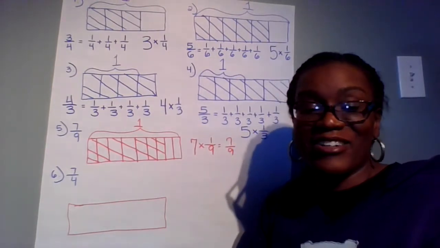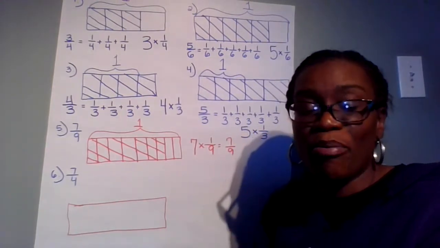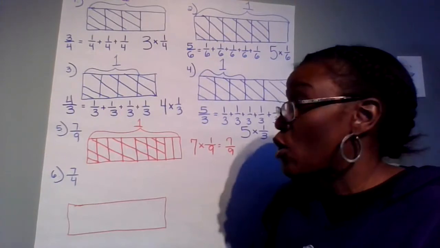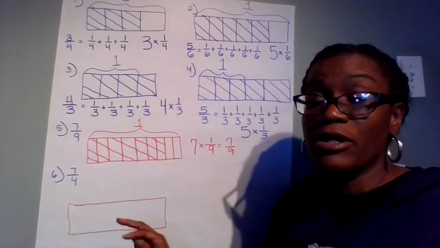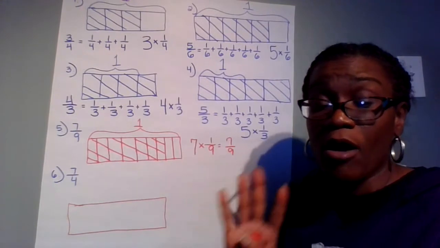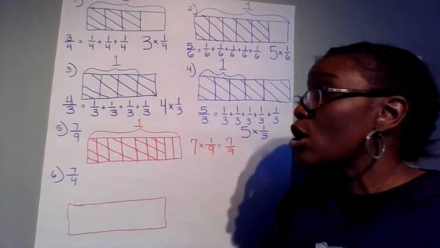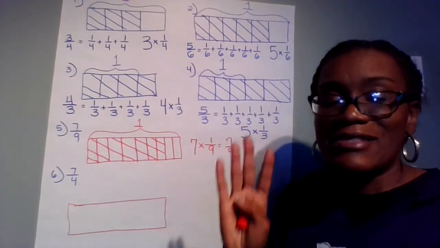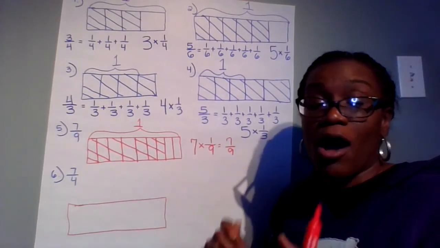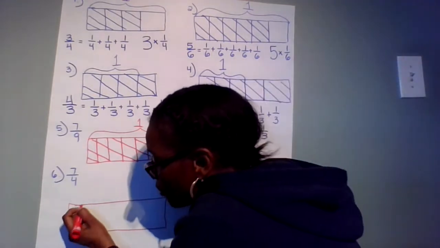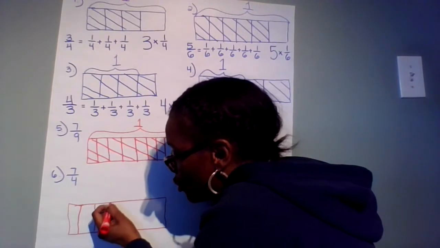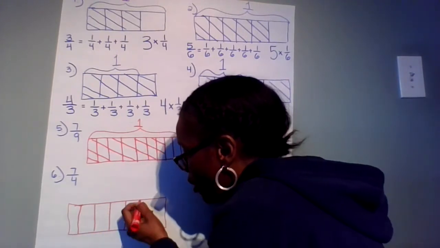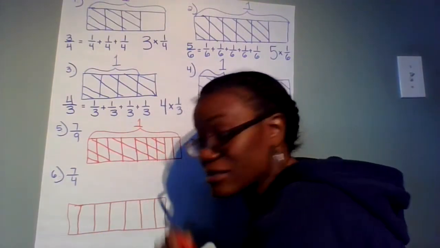That's right, scholars, you're so smart. An improper fraction. So even though our whole is only going to be 4 parts, that's our denominator, we still need to make 7 parts. So we're going to draw 6 lines. 1, 2, 3, 4, 5, 6 lines.